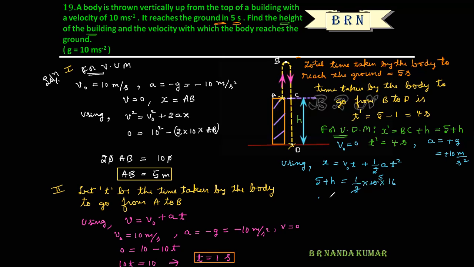So 5 plus h is 16 into 5, that is 80. Finally h is equal to 80 minus 5, so this is 75 meter.